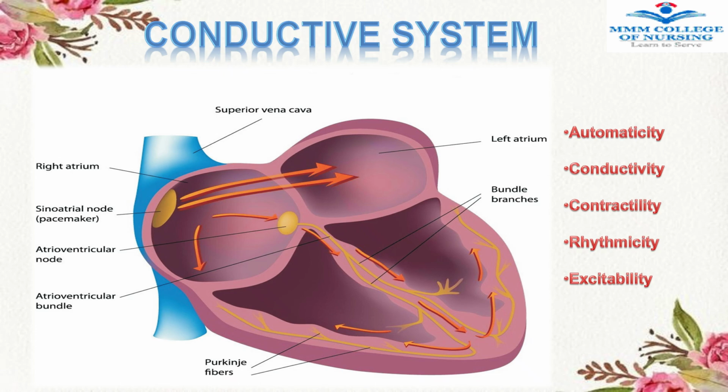Then from the right and left bundle branches, these electrical impulses are diffused widely through the walls of both the ventricles by means of Purkinje fibers. After it reaches the Purkinje fibers, it triggers the uniform contraction of the ventricles. An efficient ventricular contraction is delivered within 0.12 seconds.